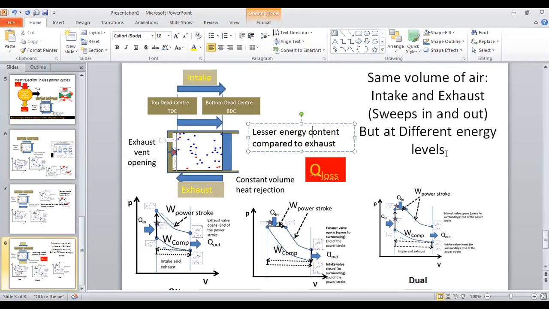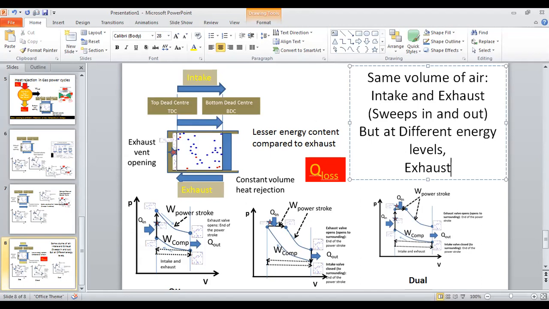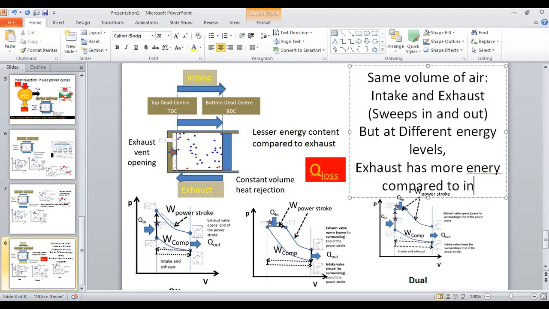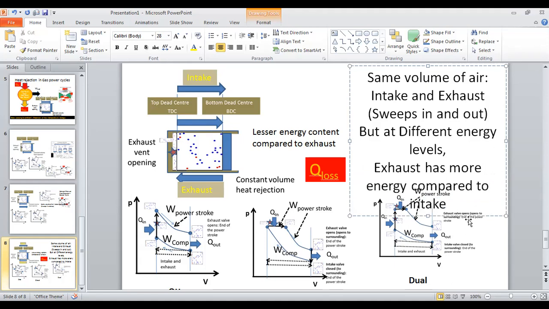So sweeps in has lesser energy, or out or exhaust has more energy levels, more energy compared to intake. Okay, so that is the reason.